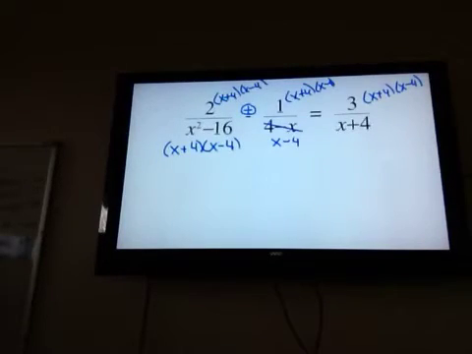So on the first term, x plus 4 and x minus 4's cancel, gone. The second term, x minus 4's. And in the third, x plus 4's.